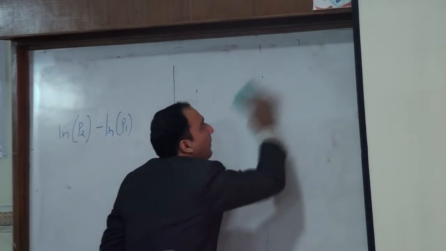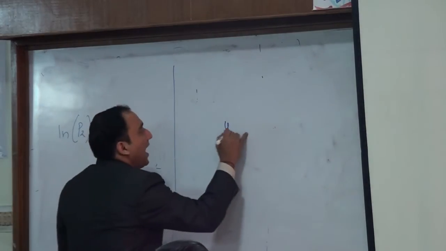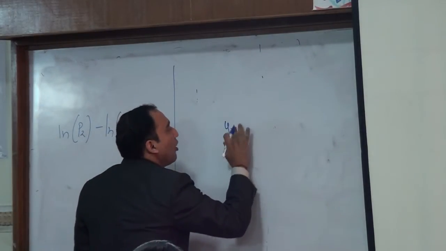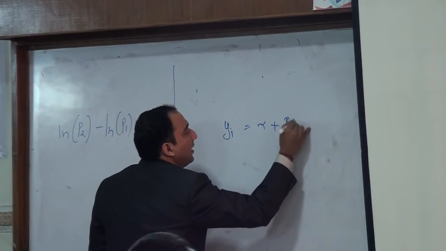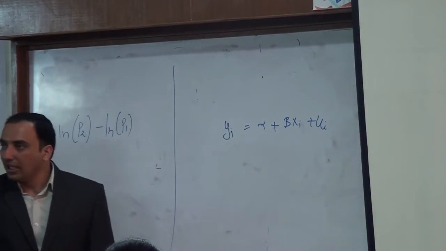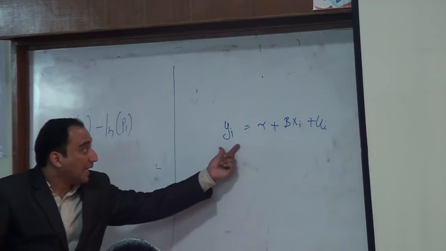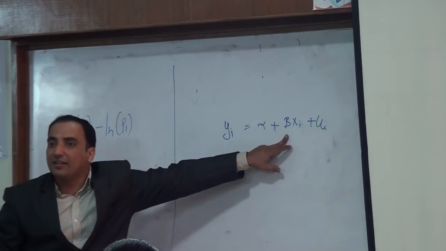Suppose I have a model, let us take a simple model. Yi equal to alpha plus beta xi plus ui. Right? Rather than taking y and x in their base, so what does beta here say?